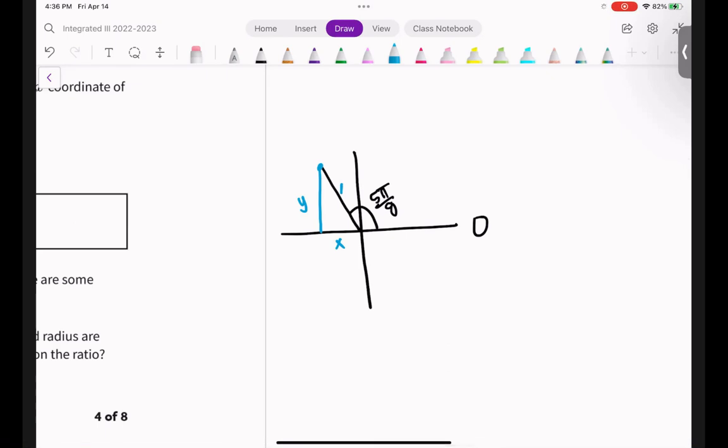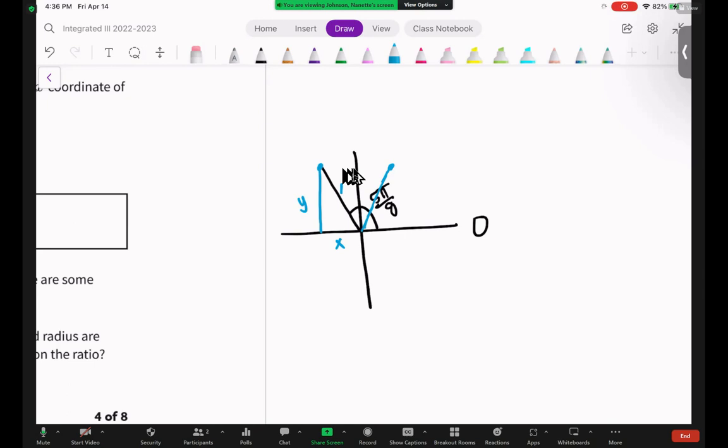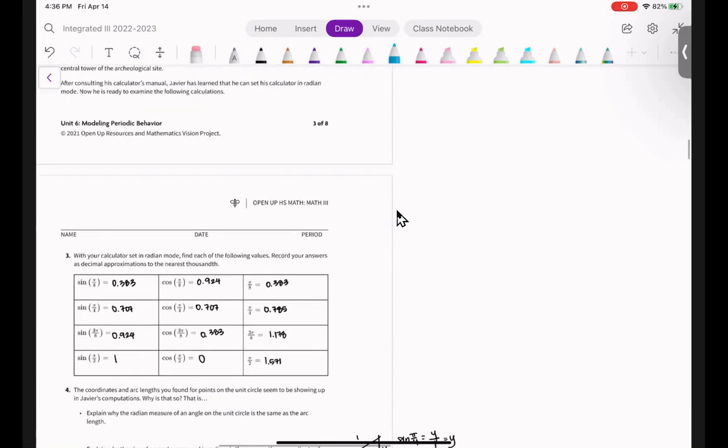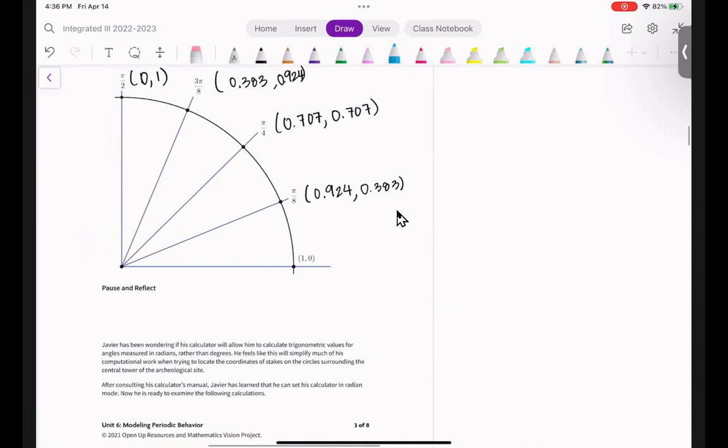If you remember the Carlos thing, when he was on the Ferris wheel, do you remember how it matched this one right here? So what is this angle that it matches? The y is going to be the same as this. So let's look at that picture. I'm going to flip back up here.